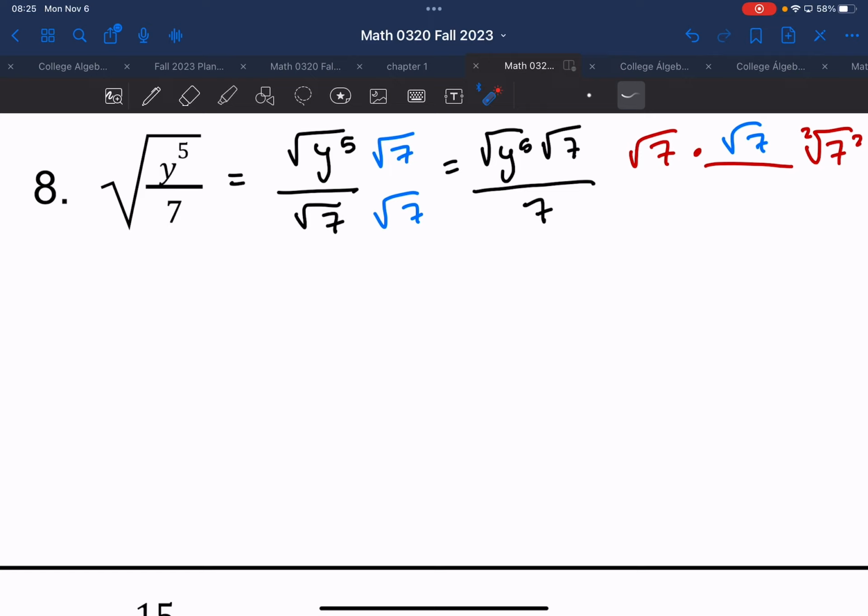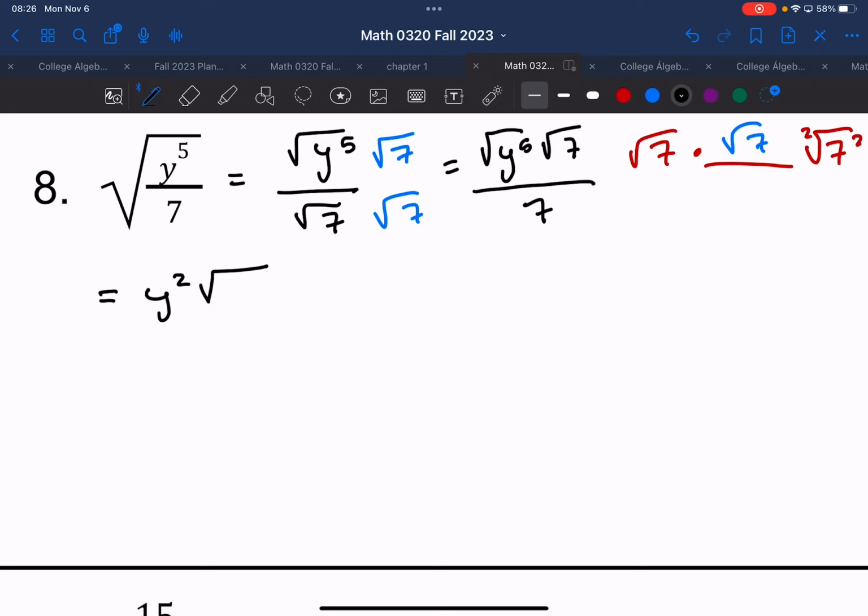Okay. Can we simplify this further? Yes, we can simplify the y's further. So looking at the square root of y to the 5th, how many times can 2 go into 5? Twice. So that means we have y squared. And how many y's are left over if 2 goes into 5 twice? 1 y.